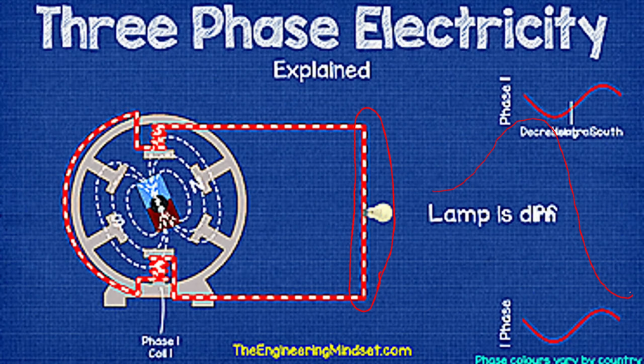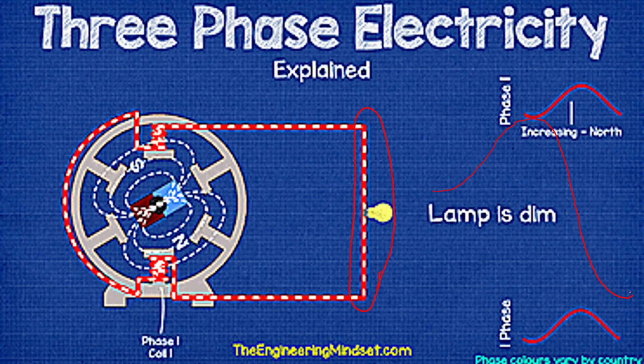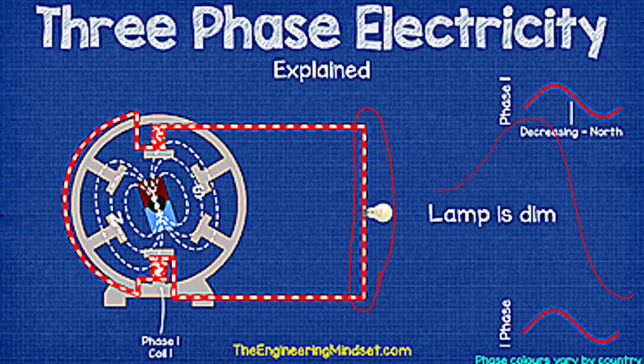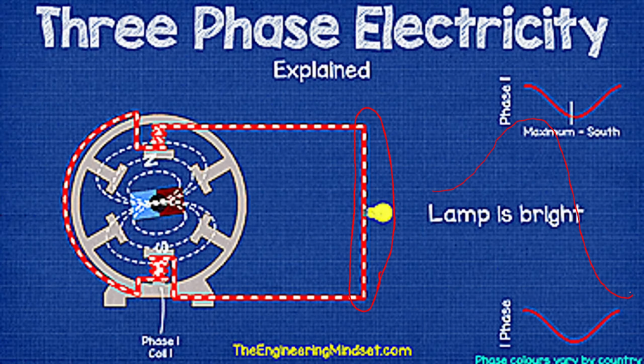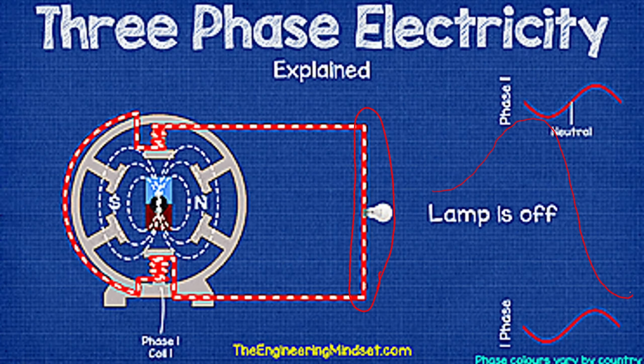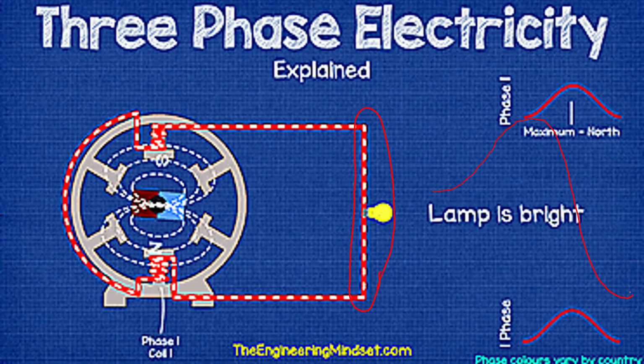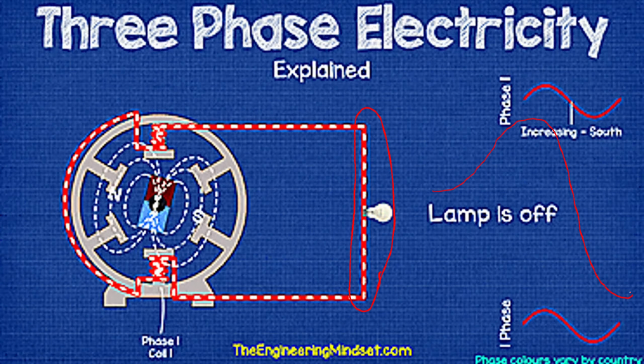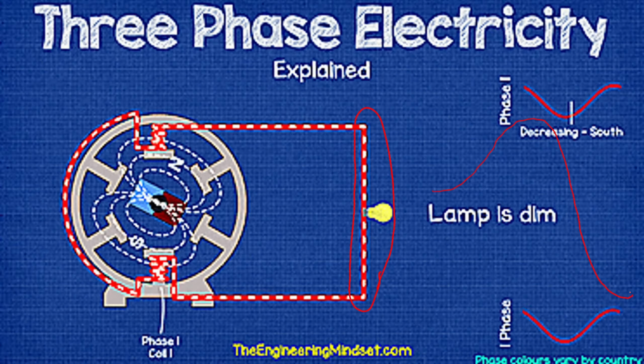Okay, that's all it is. So this is a single phase representation. We're going to go over the three phase, but I just want you to see that this is why we use sine waves and why we use vector diagrams. They're just representations of what the system is really doing.